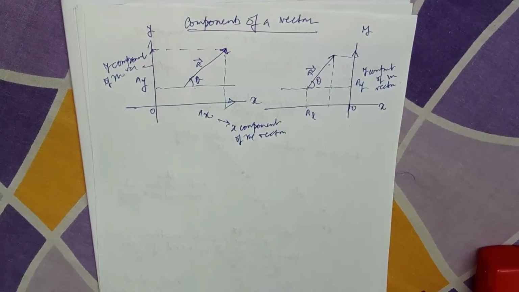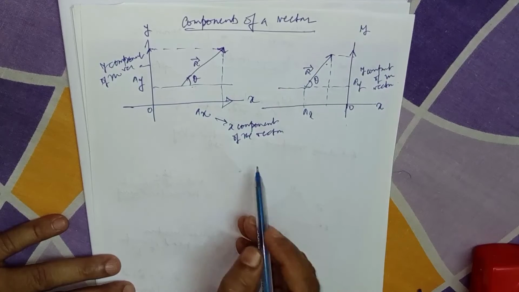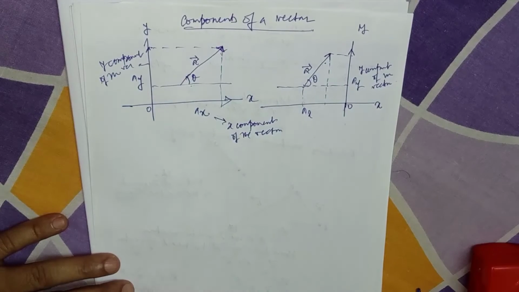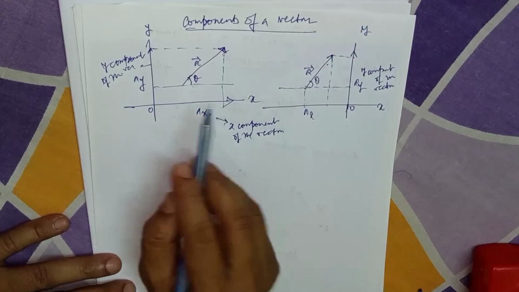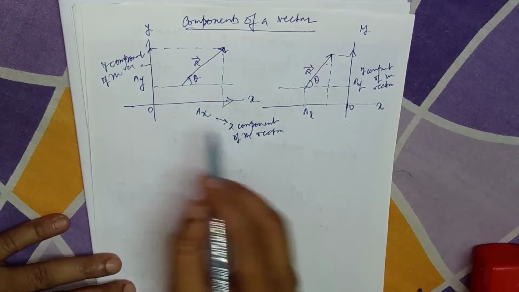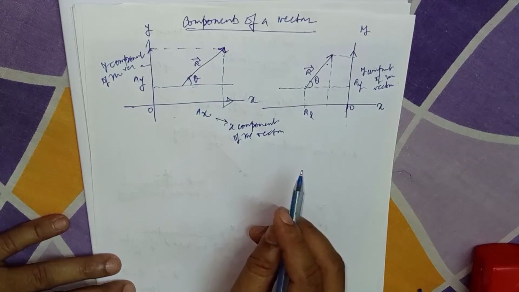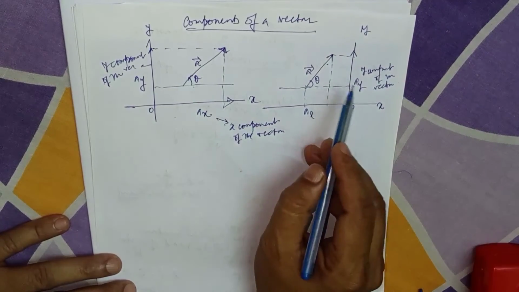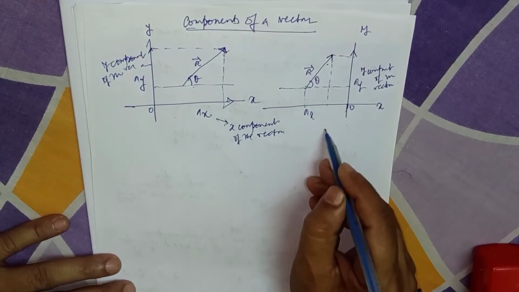So this is the scenario. Now, finding the components. We can find the components of vector A from this figure. If we shift the vector this way, geometrically a right triangle will be there.